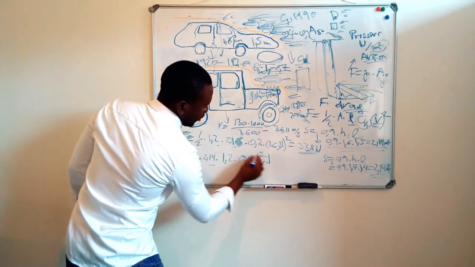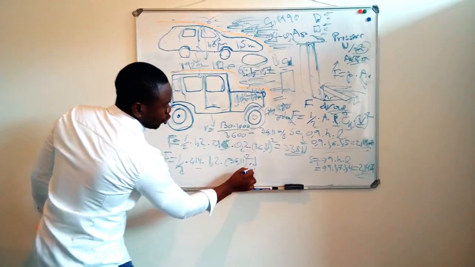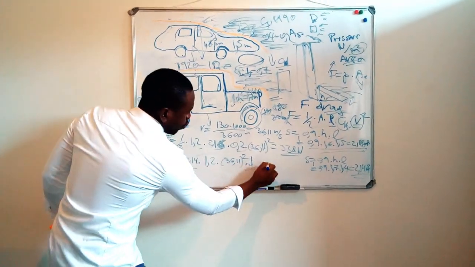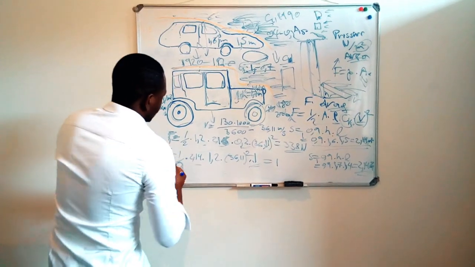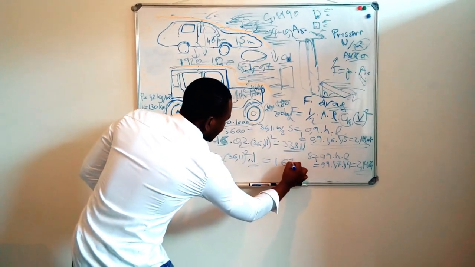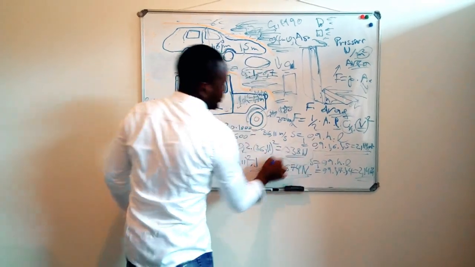In the first case it was 0.2, but in this case it's equal to 1. So now we realize that our force is equal to 1,674 Newtons. Wow, what a difference.